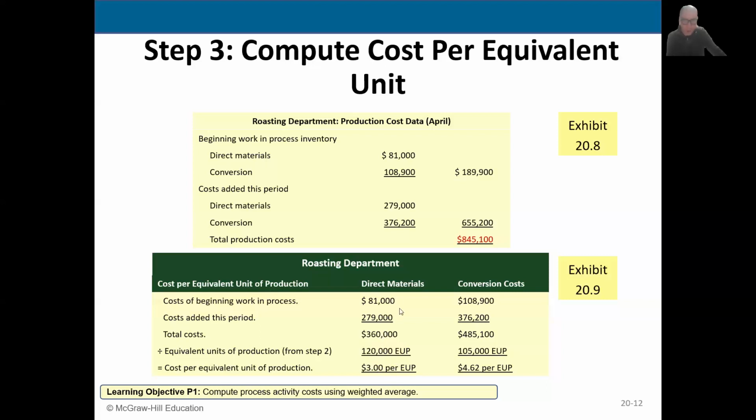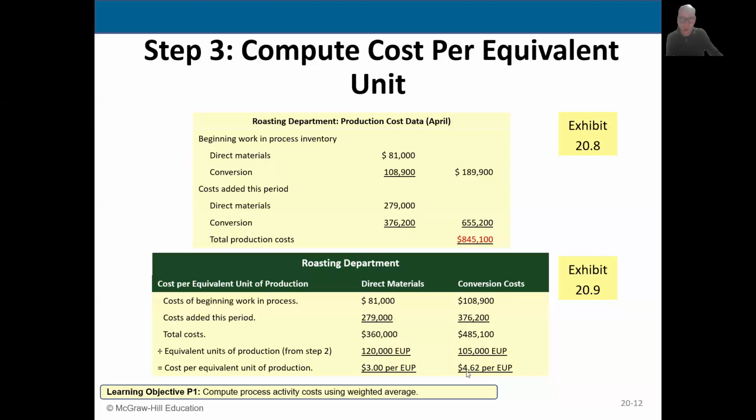Then, of course, we have conversion costs. Remember, the conversion costs are equivalent to the direct labor plus the applied factory overhead. We have costs in beginning work in process plus costs added during the period equals total cost of $485,100, divided by 105,000 units of equivalent units of production.